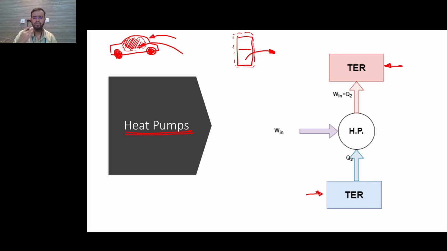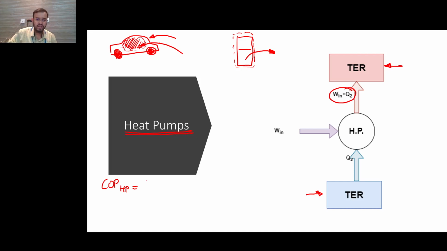All right. So again, you have COP for the heat pump, which is useful output divided by required input. Now, in this case, we are interested in the heat which is rejected by the heat pump to your enclosed space.